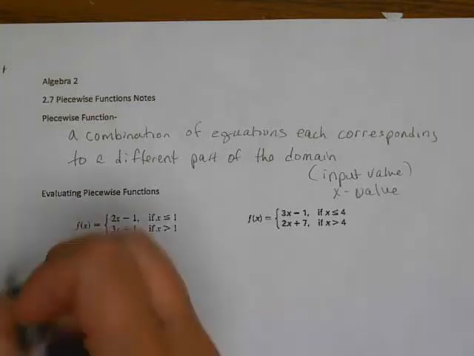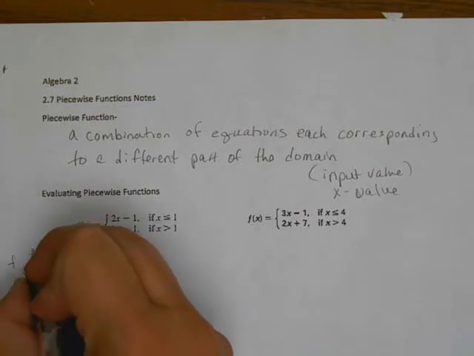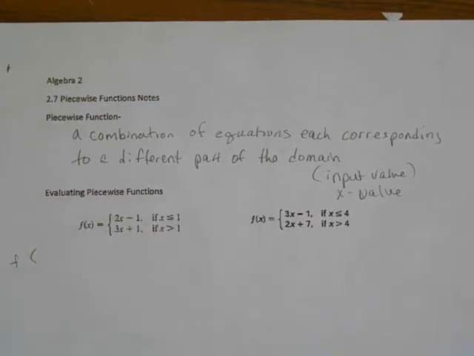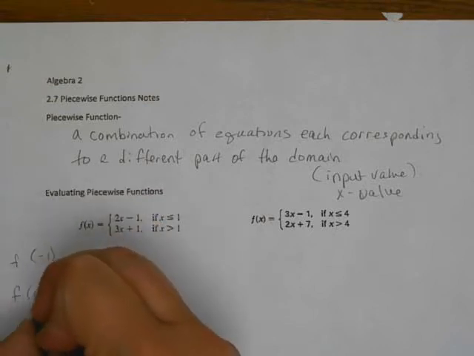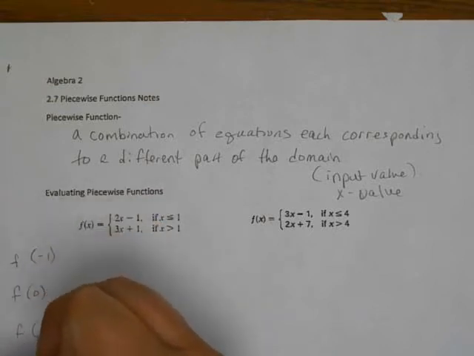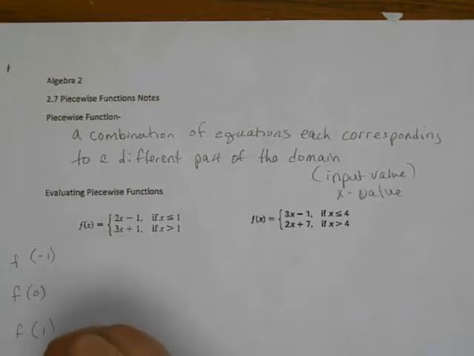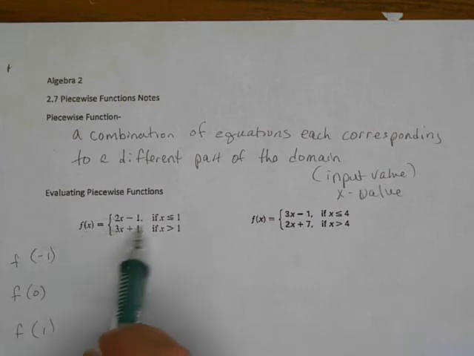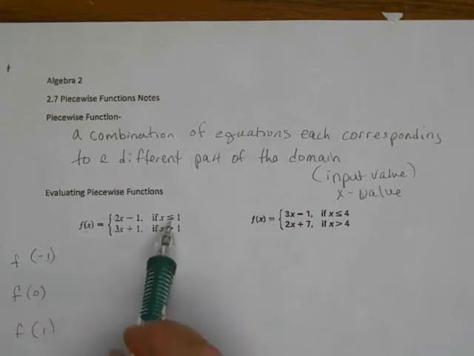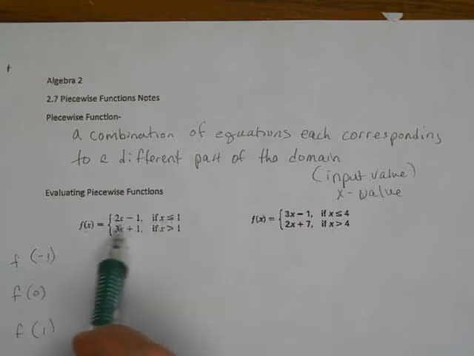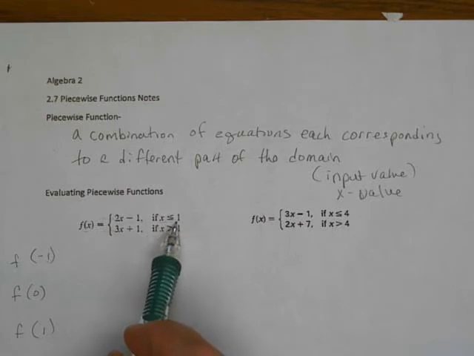So I'm just going to make up some values here. This would be given to you if it was a homework problem. I'm going to find f of -1, f of 0, f of 1, and f of 5. So if I use this piecewise function and I wanted to use an input value of -1, I would use this equation because -1 is smaller than 1.